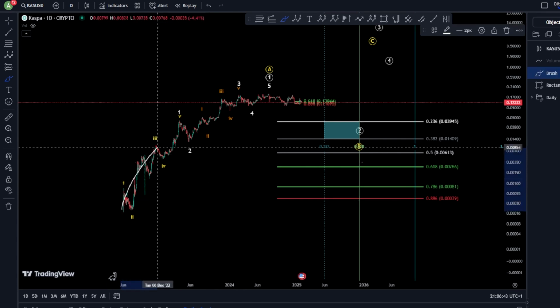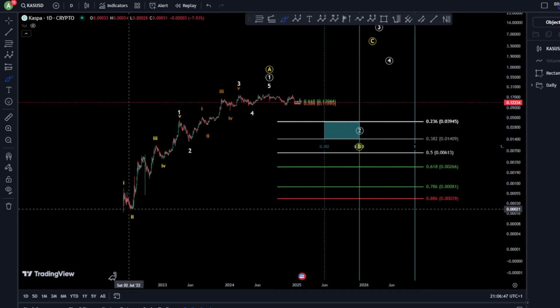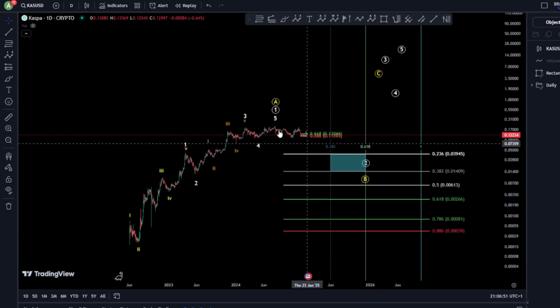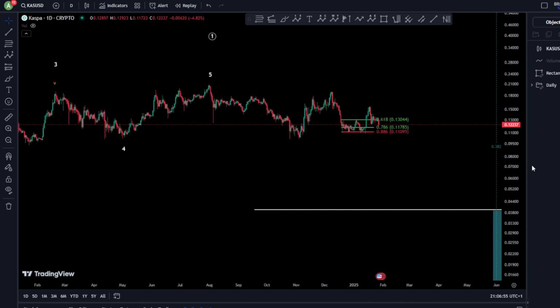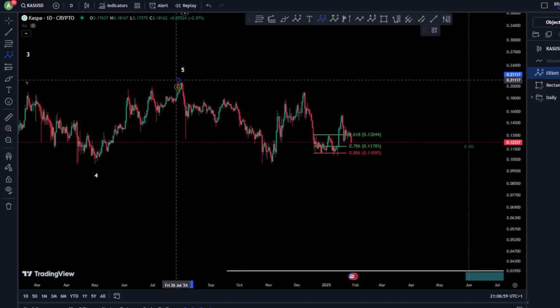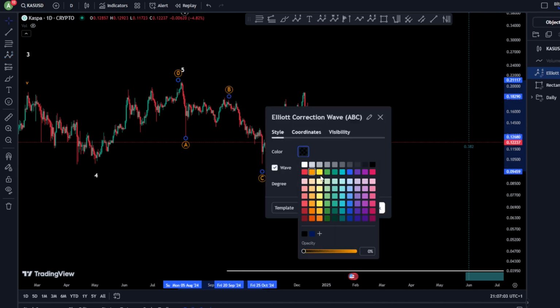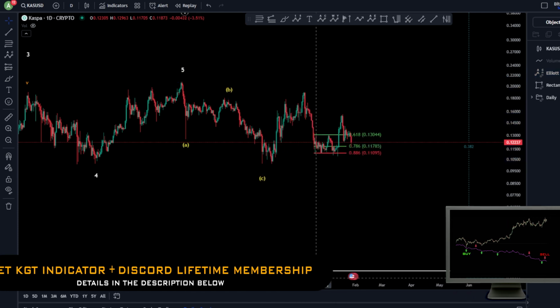So things might look like 1, 2, and then 3, 4, 5, or an A, B, and a C zigzag toward the upside. Now, if we get a little closer here, you can see after having this ABC, we have an A, B, and a C finished. Let's put it exactly in the lower time frame.